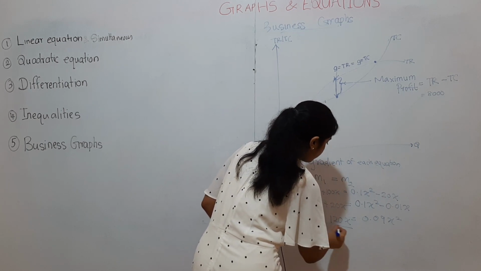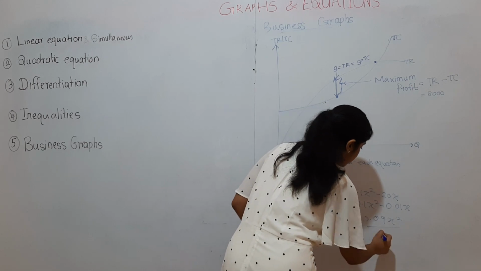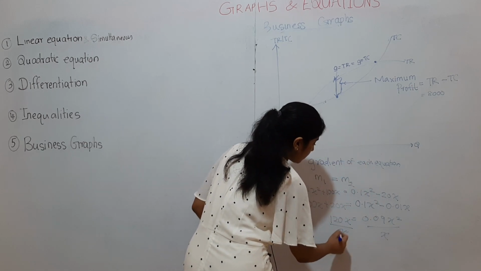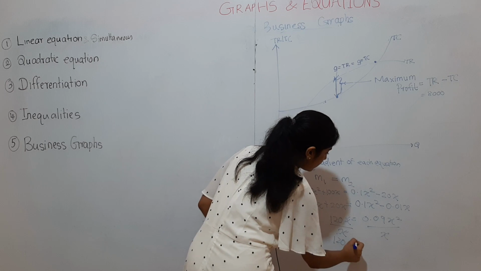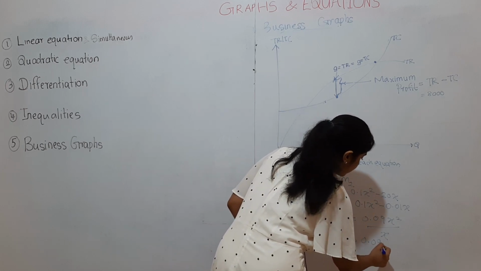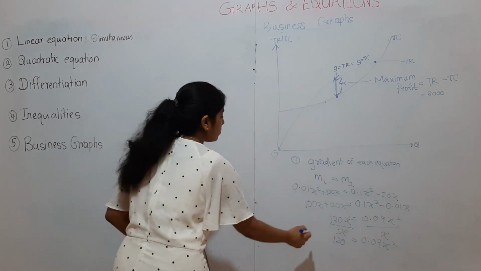Then if you divide both sides by x, because you want one number here, you will get 120 equals 0.09x. How to solve that then?